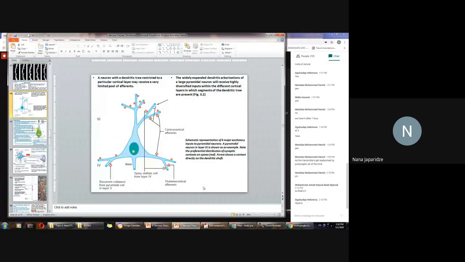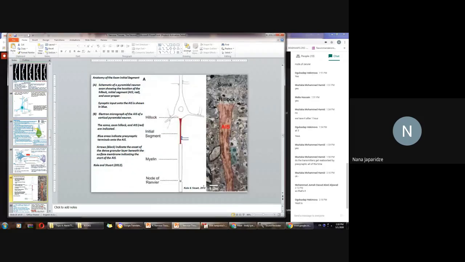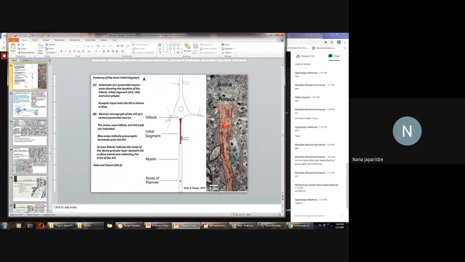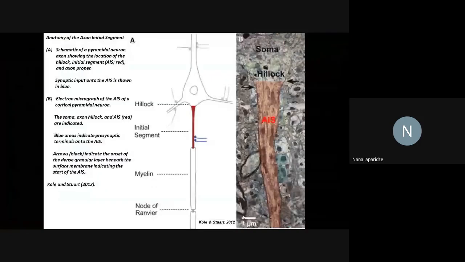Okay, what I want to show you is also the axon hillock, and here is the initial segment. So this is the cell body, dendrites, and here is the axon hillock. Look, this part, and all the other part is the initial segment.